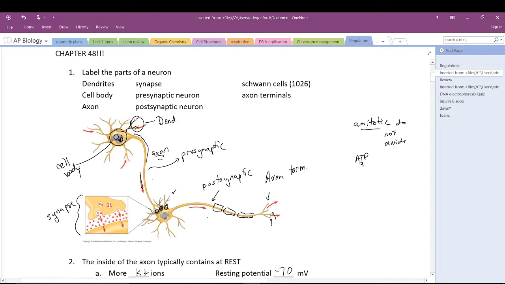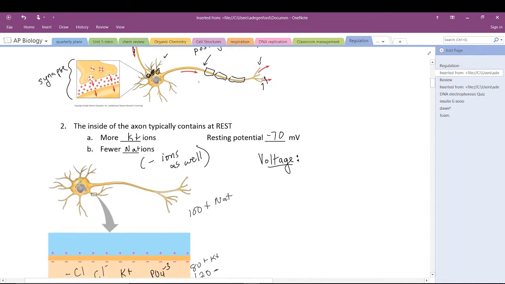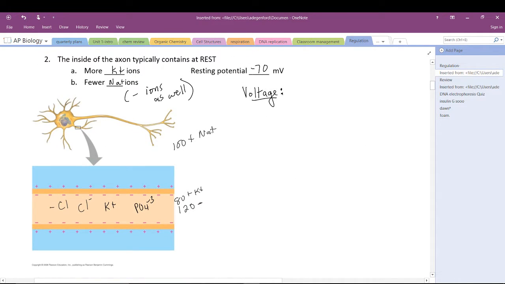And then the real important part to understand is the axon. How does this axon send a signal? So you can think about a situation. Maybe your little brother is playing with his Legos, or a little sister is playing with her Legos, and you're walking across the floor, and as you set your foot down, they left their Legos out, and you just land your foot right on that Lego.